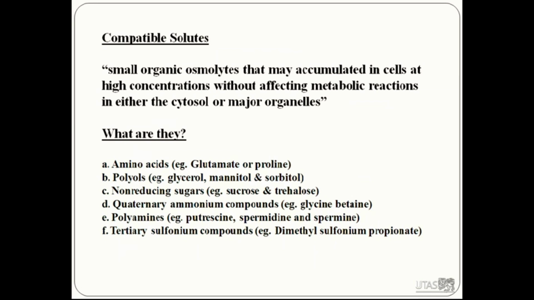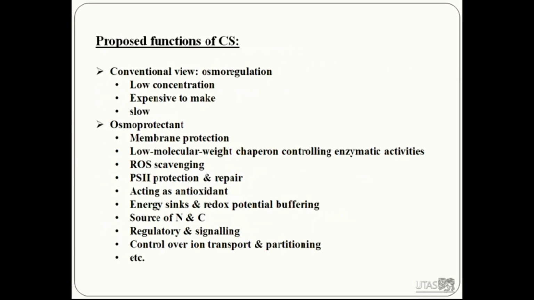And what do they do? Let's look at the proposed functions of compatible solutes. Now, we previously thought that compatible solutes had a lot to do with osmoregulation. That is, the increase in cellular osmolarity would lead to influx of water and at the same time reduce the efflux of water.